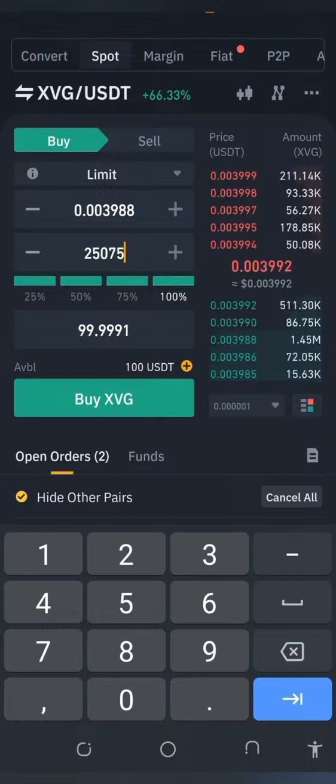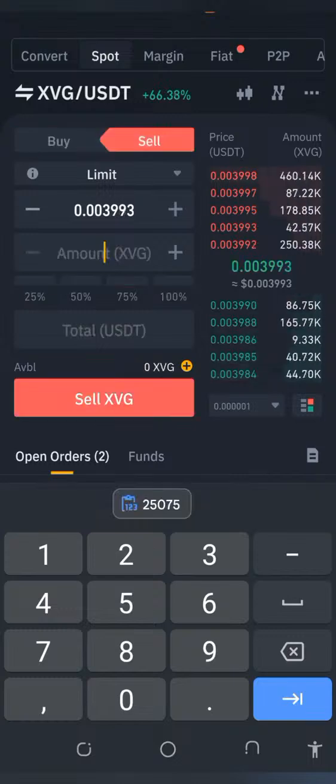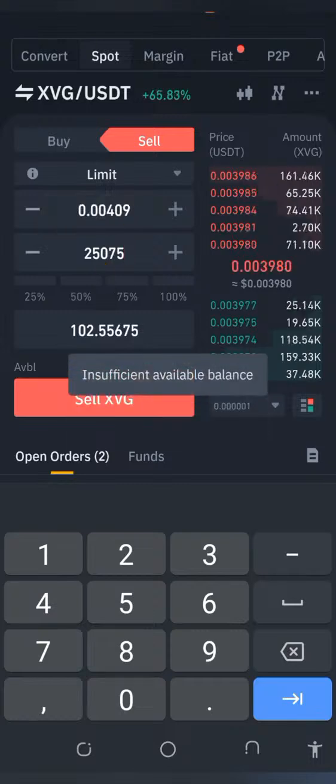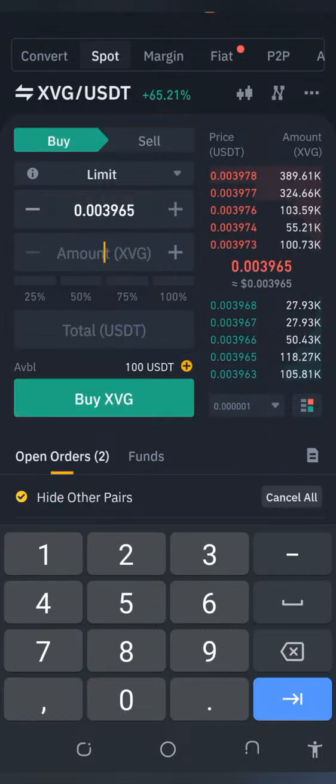I'm going to sell and change this to 409. Let's see what this will give us. 102.5. Okay, let's change it to 409.